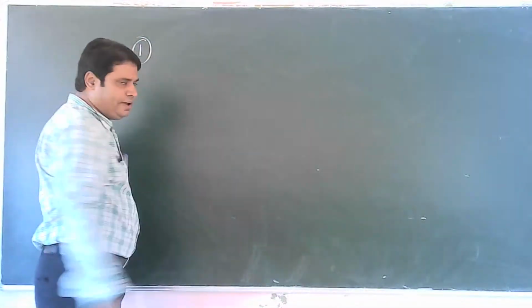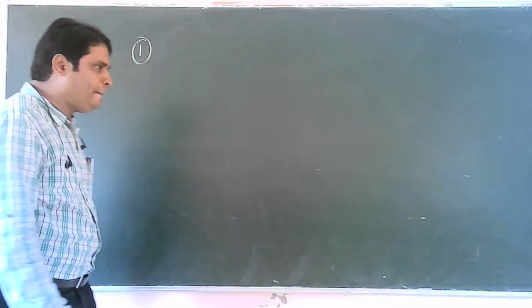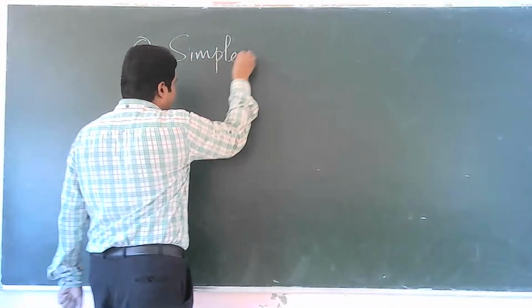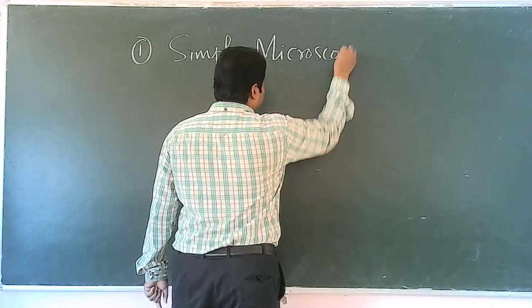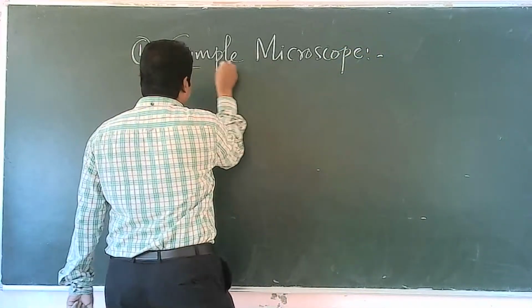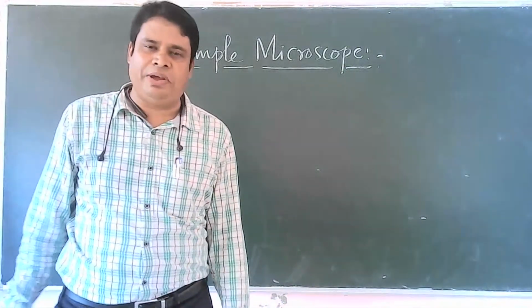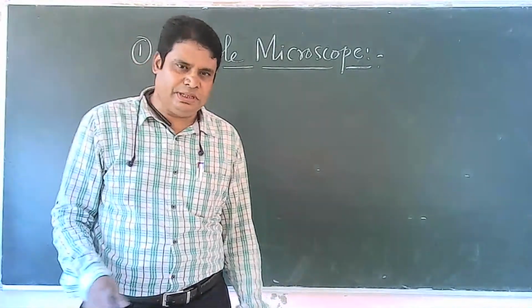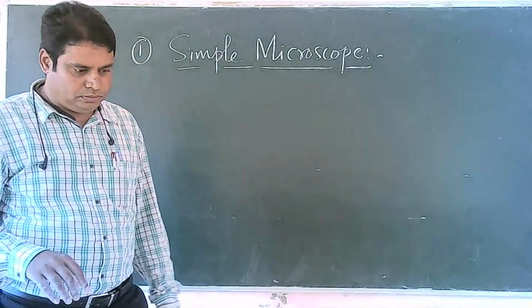The first optical instrument we are supposed to study is the simple microscope. You know simple microscope. These microscopes are used in biology lab, correct? Or you may use it as a reading lens also. Reading lens also, no problem with it. Simple microscope.